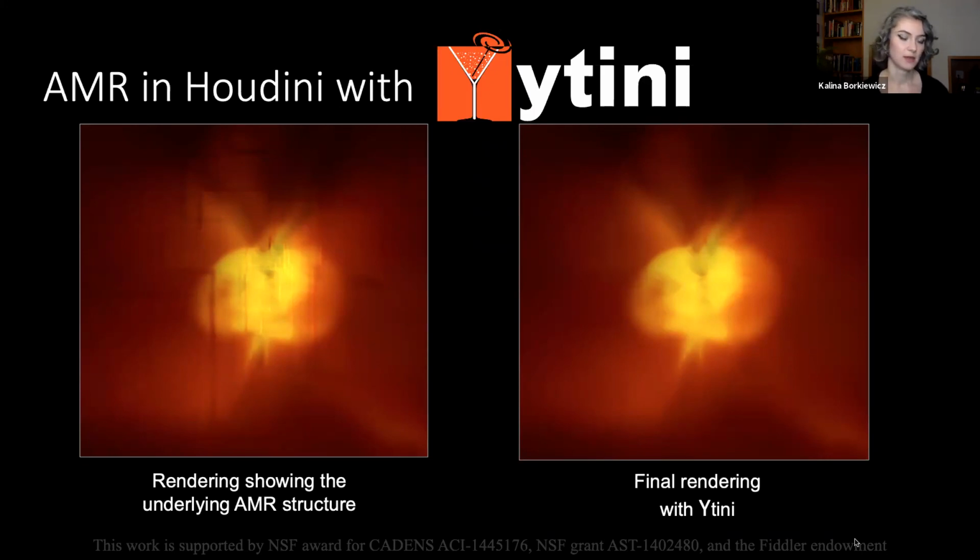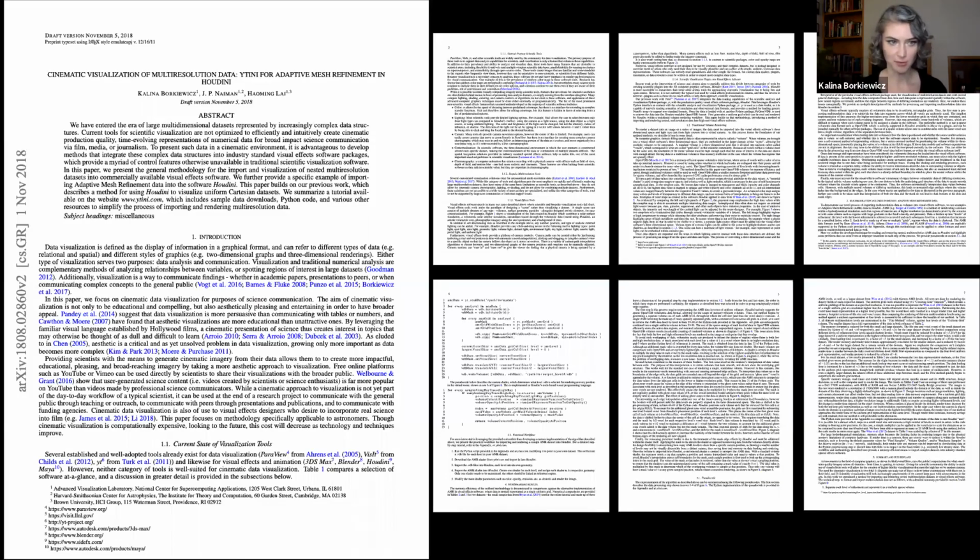So YT reads the AMR data, exports it in an OpenVDB data format, which is a sparse volumetric format, and then loads that into Houdini. That is a vast oversimplification of how it works. If you are curious about the details, I encourage you to read our 18-page paper in the Astronomical Journal.